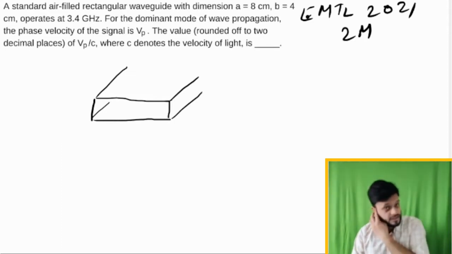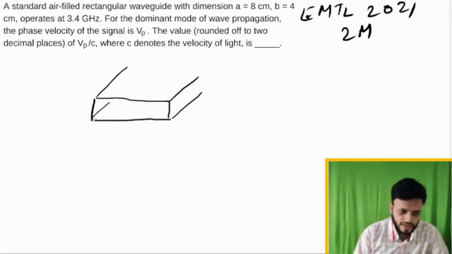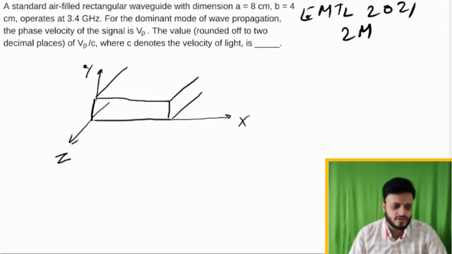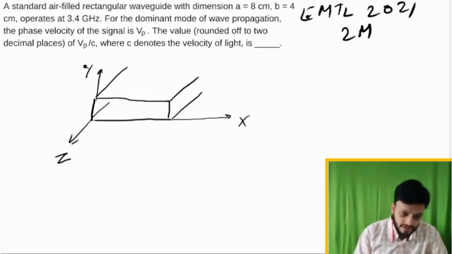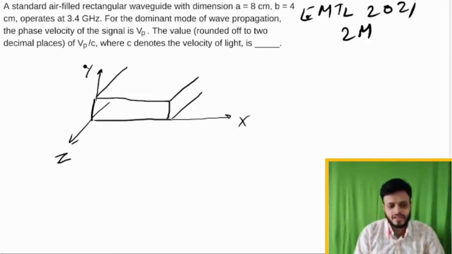Generally, for this rectangular waveguide, the axes in general nomenclature are as follows: this is always the x-axis, this is considered the y-axis, and this, the direction of propagation, is considered the z-axis. On the x-axis the width is always taken, which is greater than the height.